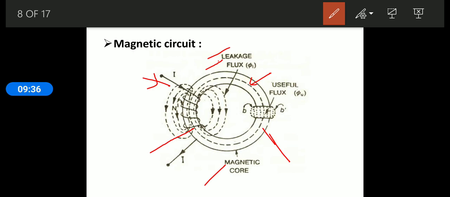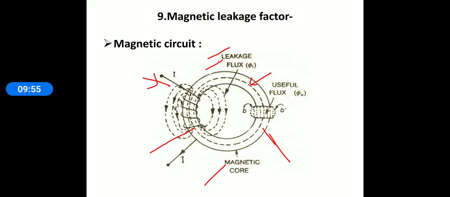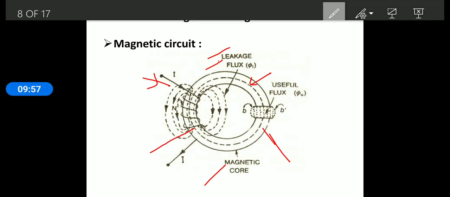The flux which is not confined with the core is the leakage flux. And the flux which is confined in the core is the useful flux.